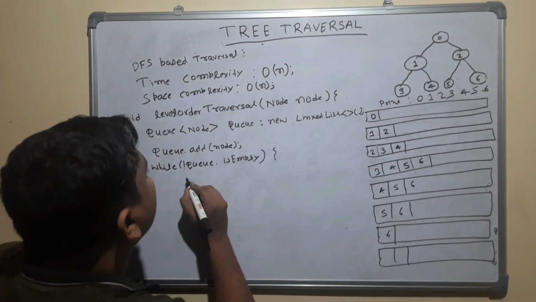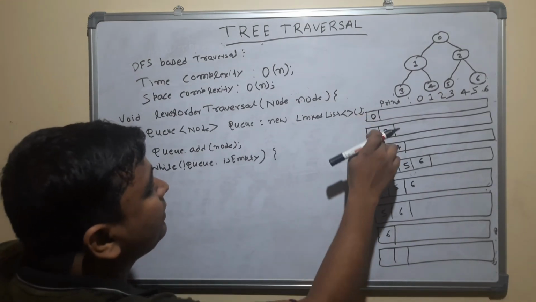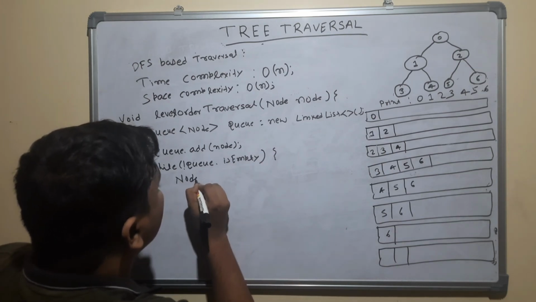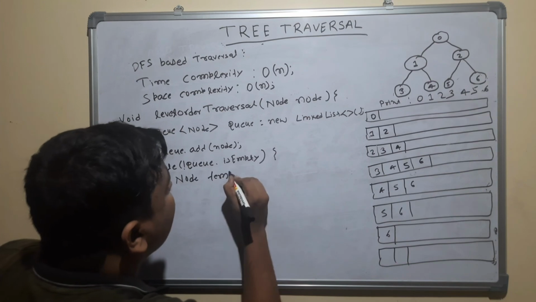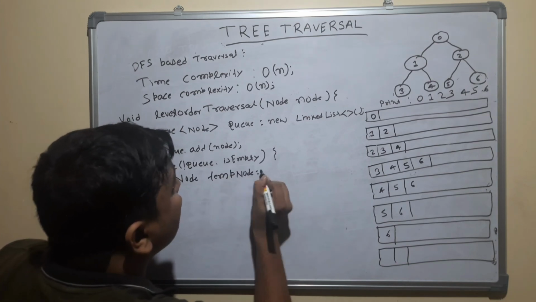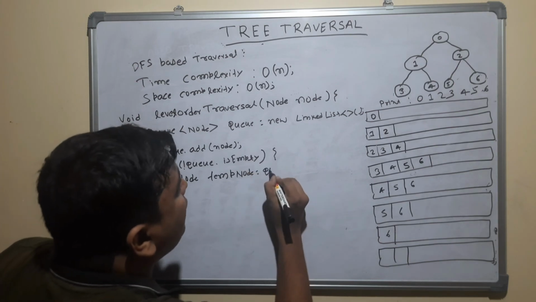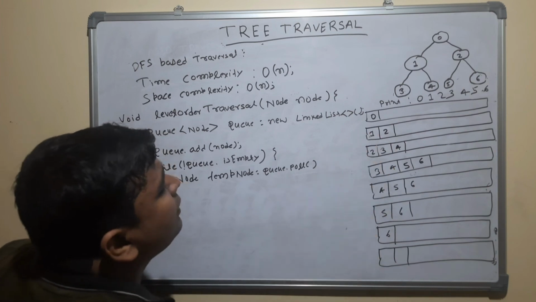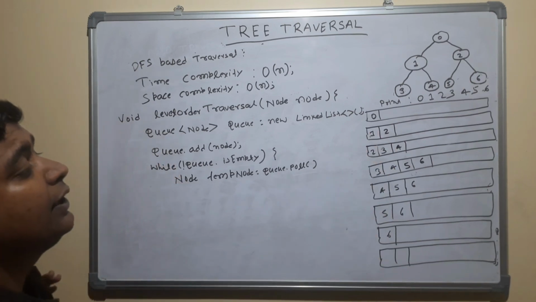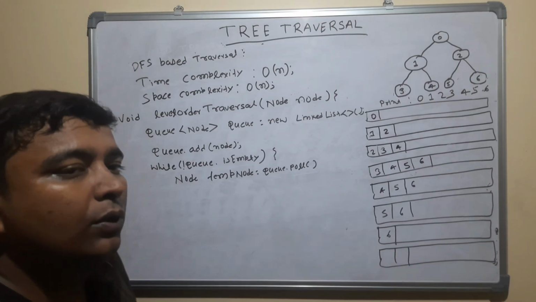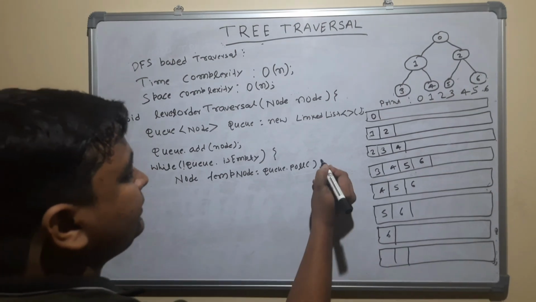And when the loop is processed, we have to remove the first one. If I remove the first one, there is a functionality in queue, that is q dot poll. The poll functionality will remove the node which was inserted first.